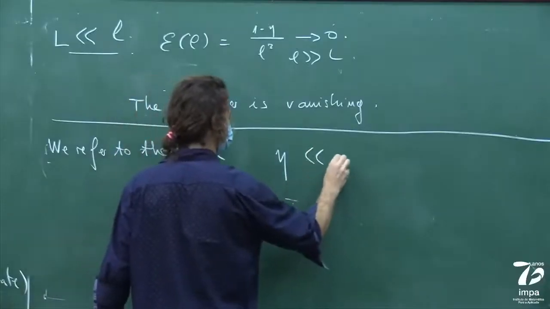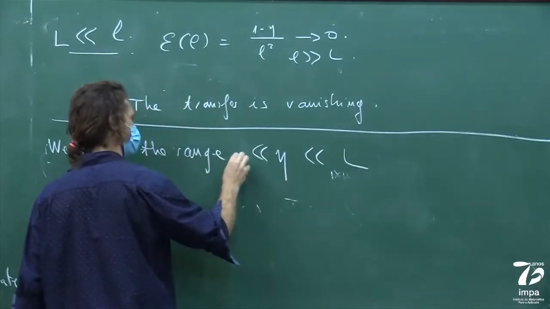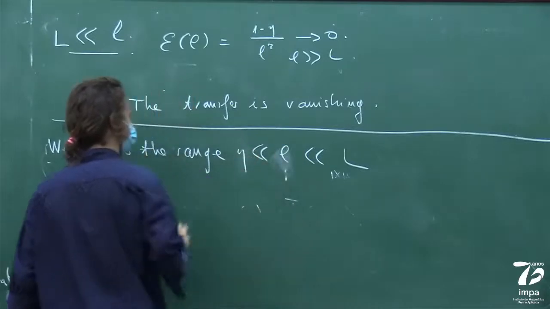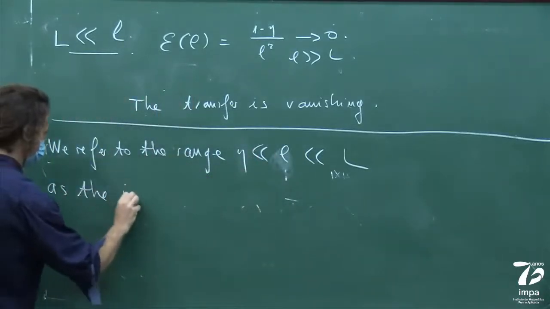Eta is small compared to L and large compared to eta, as the inertial scale, as the inertial range.